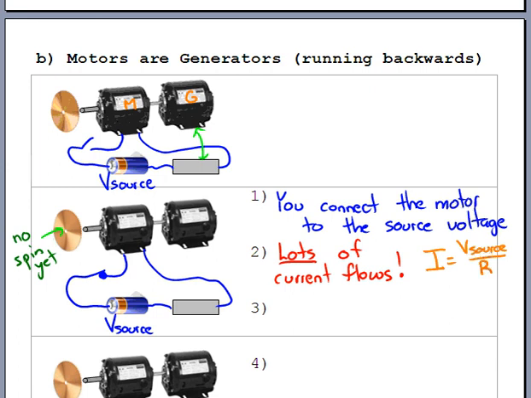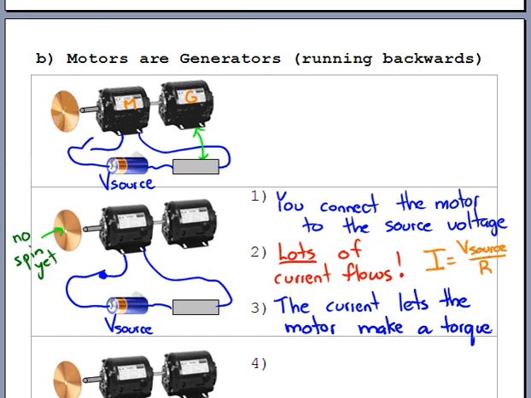Well, the current is making this thing behave like a motor to create some torque. So the current lets the motor make a torque. Okay, so there is going to be this massive current creating a massive torque on this thing, saying let's get going, but it's not going yet.